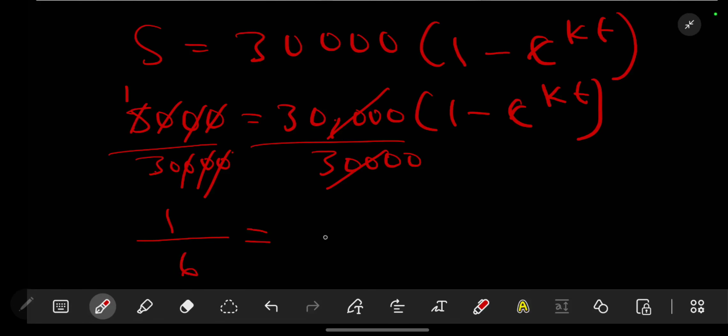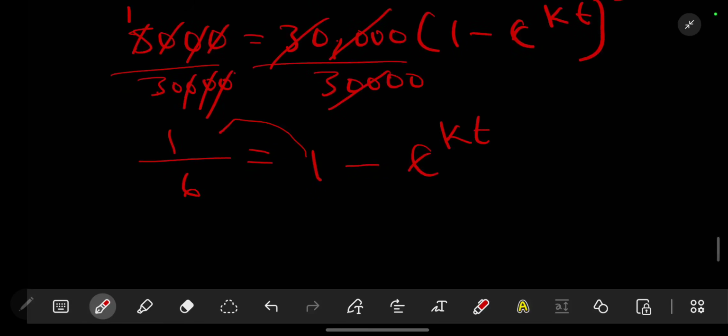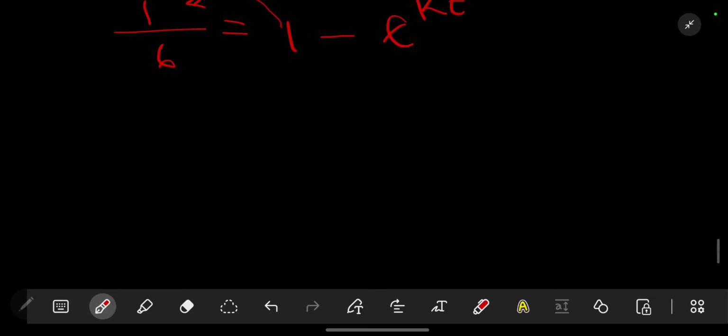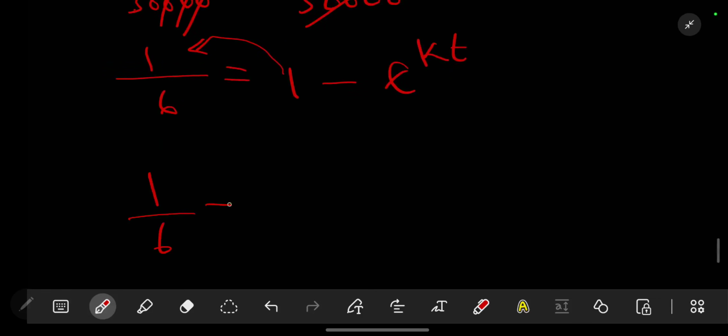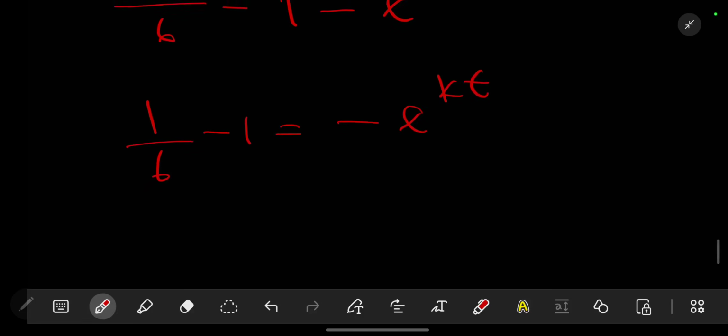So we have 1 over 6 equal to 1 minus e to the power kt. We take the 1 to this side, which gives us 1 over 6 minus 1 equal to negative e to the power kt.